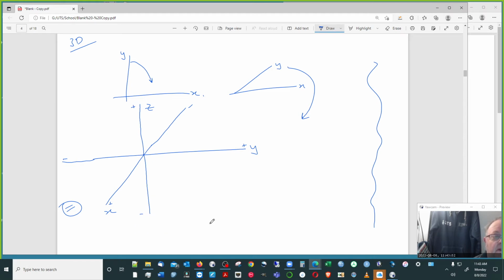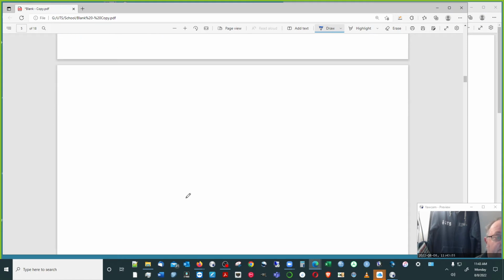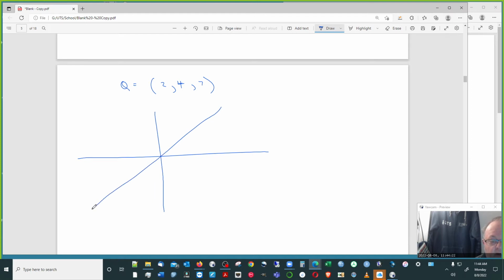Okay, so in order to do a coordinate, where we get a coordinate and we might get some point Q, I'm just being completely random, and so what we have is 2 and 4 and let's call it 7, and you're expected to interpret that in a 3D sense. So what are you going to do? Well, you're going to draw your X and Y, then you're going to draw this one off like it's Y equals X, but a bit longer.